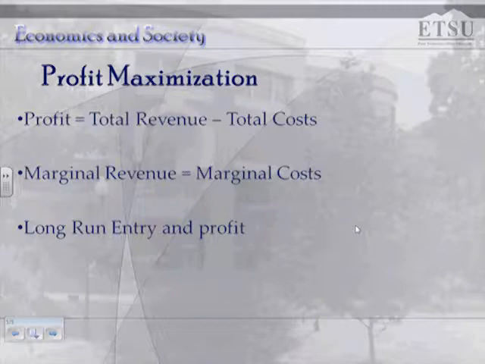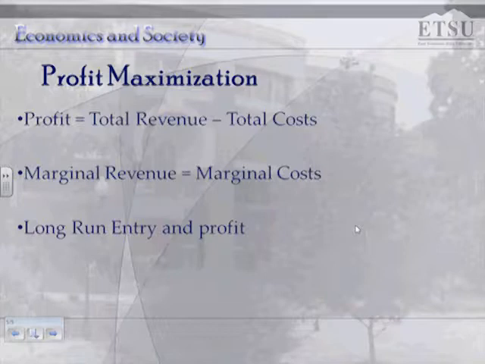Alternatively, if marginal cost exceeds marginal revenue, the change in cost is bigger than the change in revenue, then profits are going to be falling. And so logic tells us that if it's going to be rising in one instance and falling in the other, then it must be the case that when marginal cost is exactly equal to marginal revenue, profits are at a maximum. We'll talk about this again when we look at the monopoly.